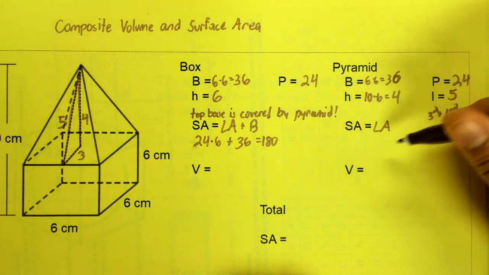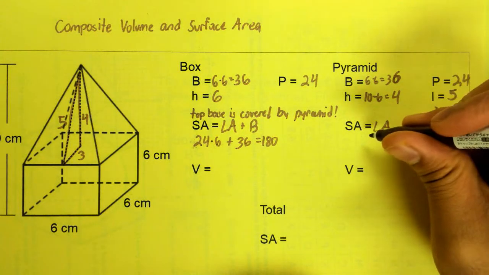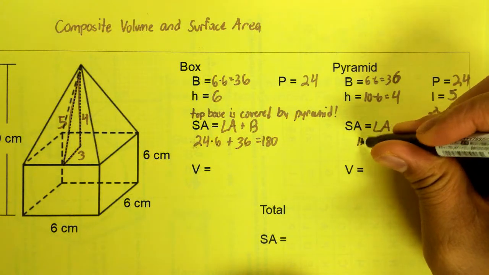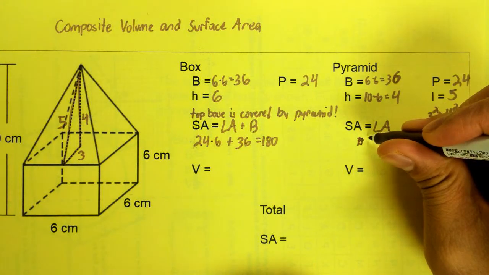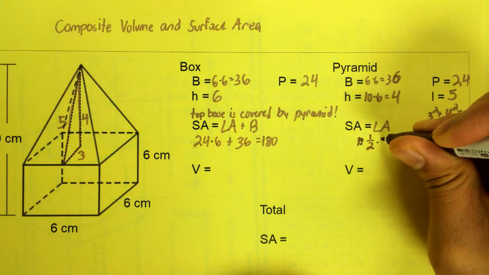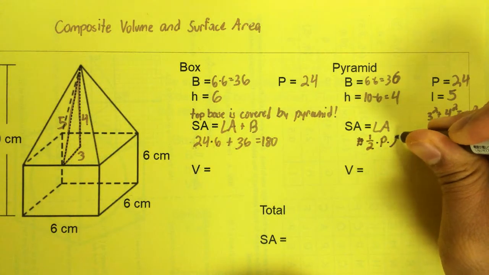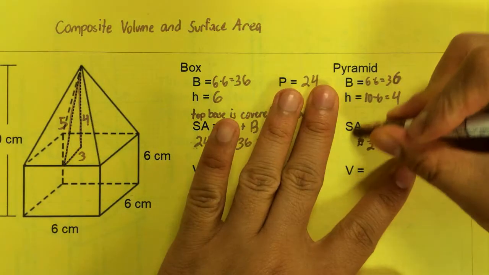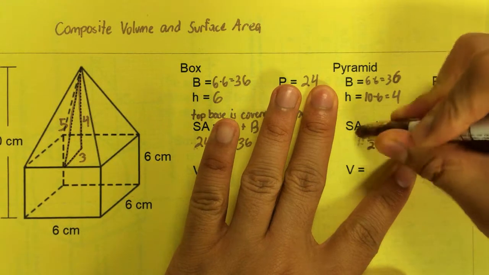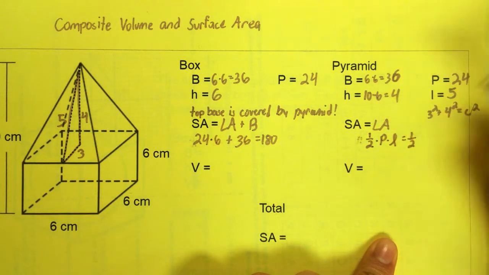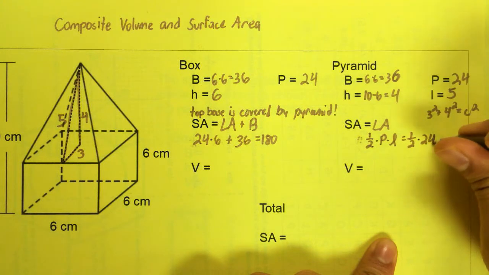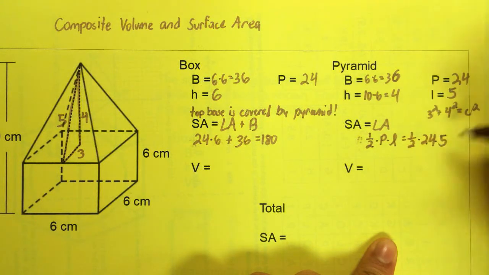So I just want the lateral area, which is defined by the equation 1/2 times perimeter times L. I have 1/2 times perimeter of 24 times my slant height of 5 to get me 60.